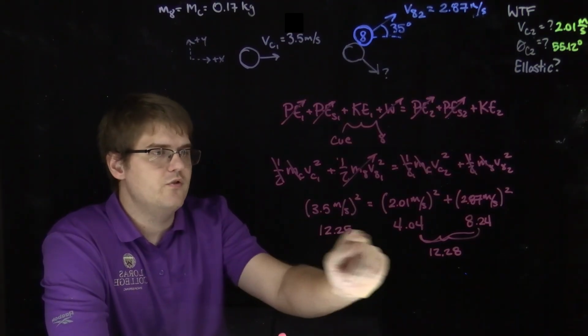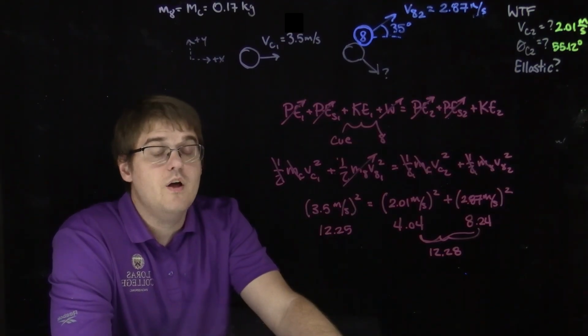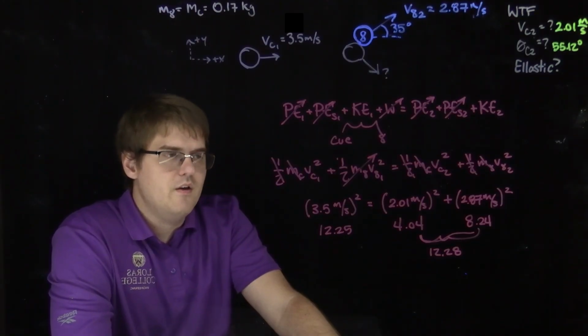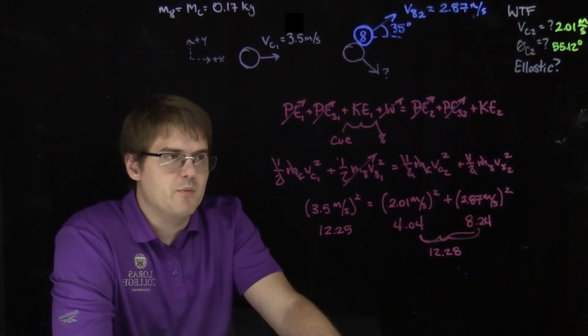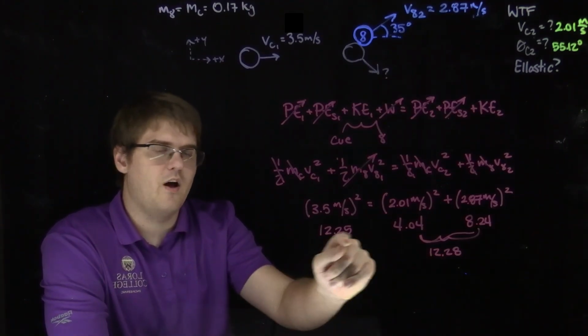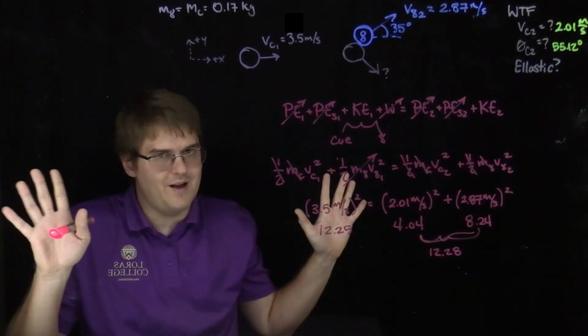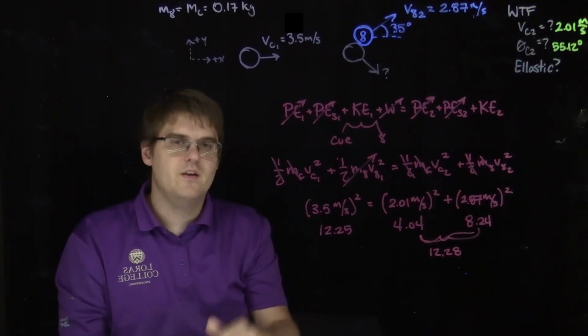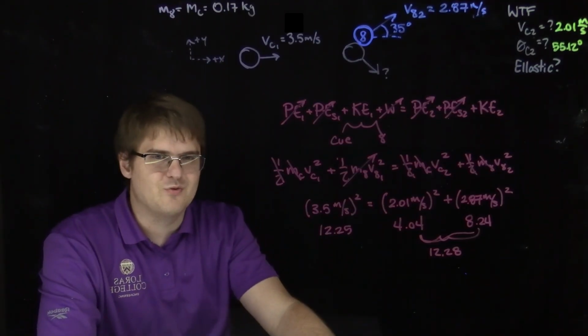So 12.25, 12.28, very close to the same number. They should have been the same number. It's just rounding. I'm not going to give you something where it's off by that much, and I'm going to say, oh, it's not perfectly elastic. It's slightly off. If you're seeing it that close, it's rounding.